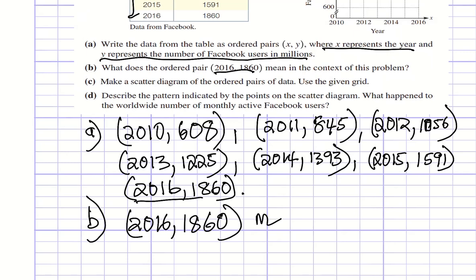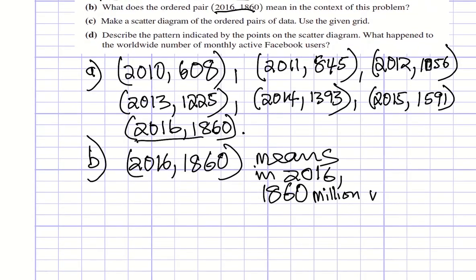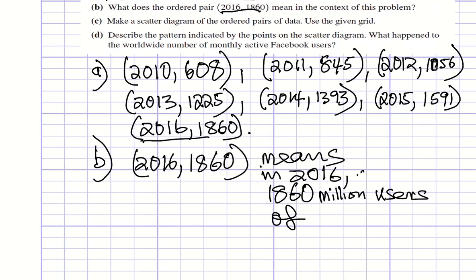That basically means in 2016, 1860 million users of Facebook. So you can make a sentence: there were 1860 million users of Facebook. That's all that is saying. That's what that means.